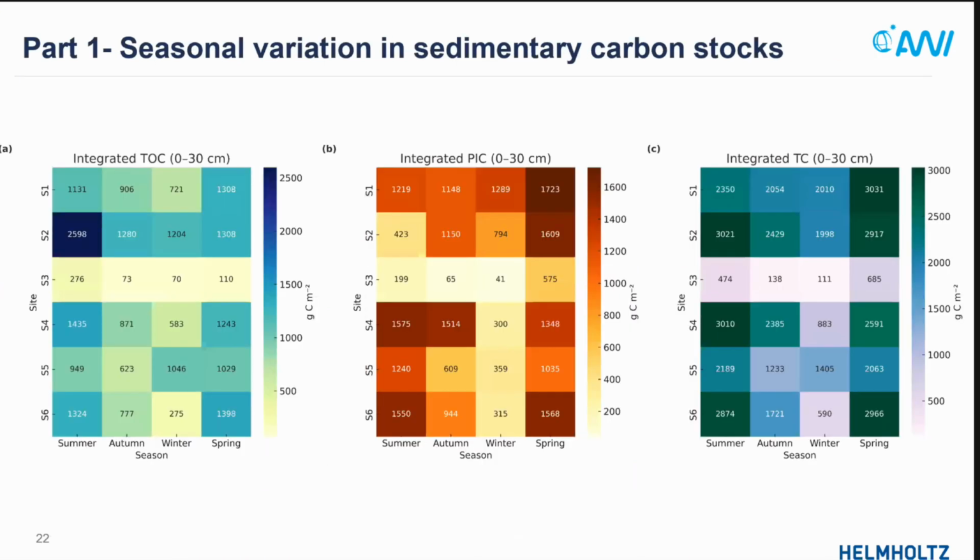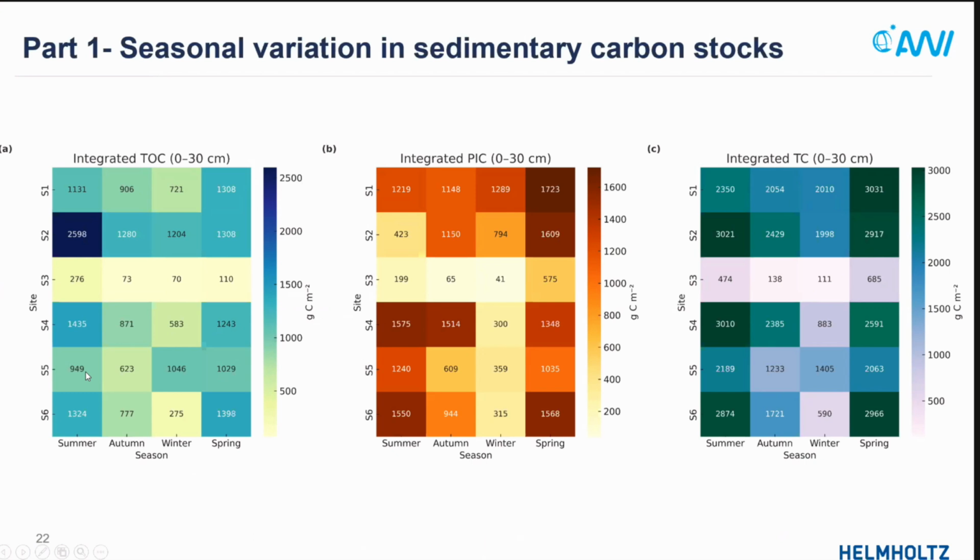Now this is a heat map. Panel A shows the total organic carbon, panel B shows the inorganic carbon, and panel C is the total carbon in these six habitats and at these different seasons.